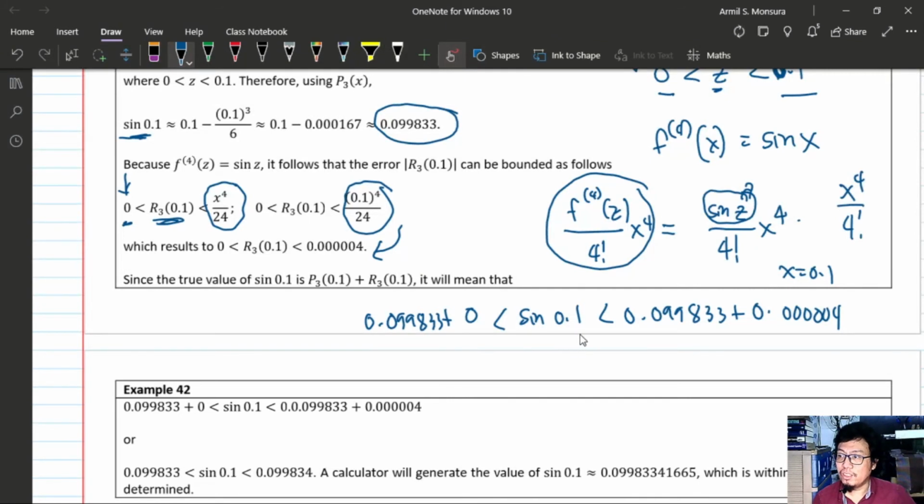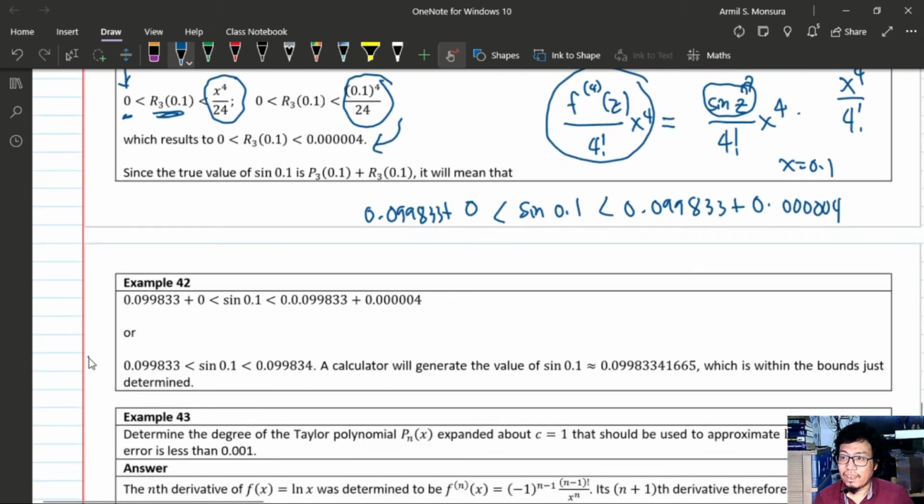That is where your actual value of sine 0.1 would lie. So that is this interval.